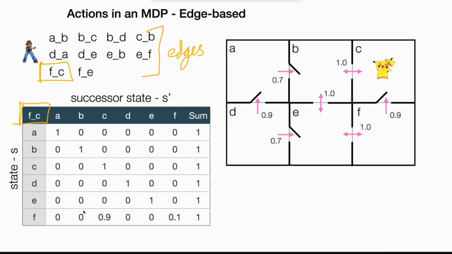But the slightly weird thing is that most of these entries are kind of useless, because I only ever think about that edge when I'm in state F.